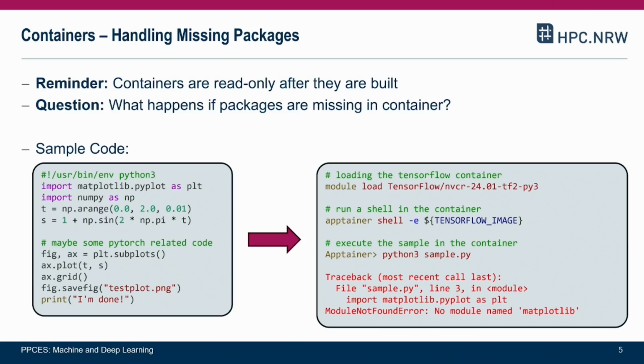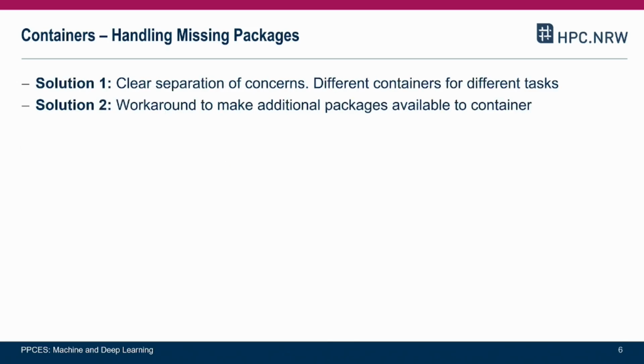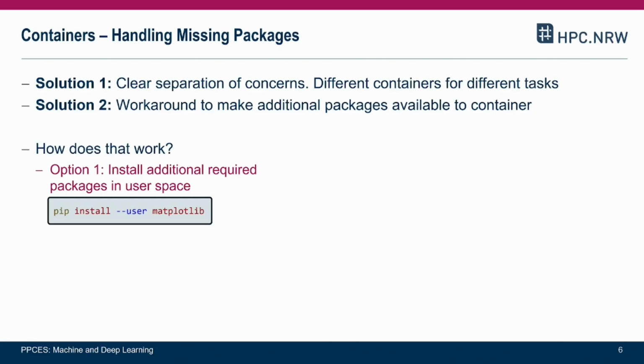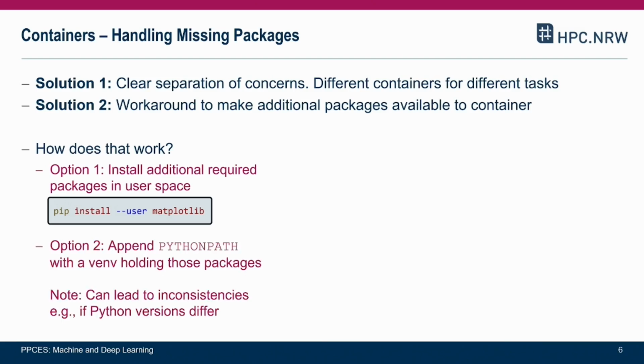How do I solve that? Either I create a different container and add that, but there are also some workarounds or hacks. First of all, clear separation of concerns, like I said, different containers for different tasks. Another workaround is to make additional packages available to the container. For example, I could install matplotlib in my user space and then make that available to the container, for example by extending the Python path within the container.